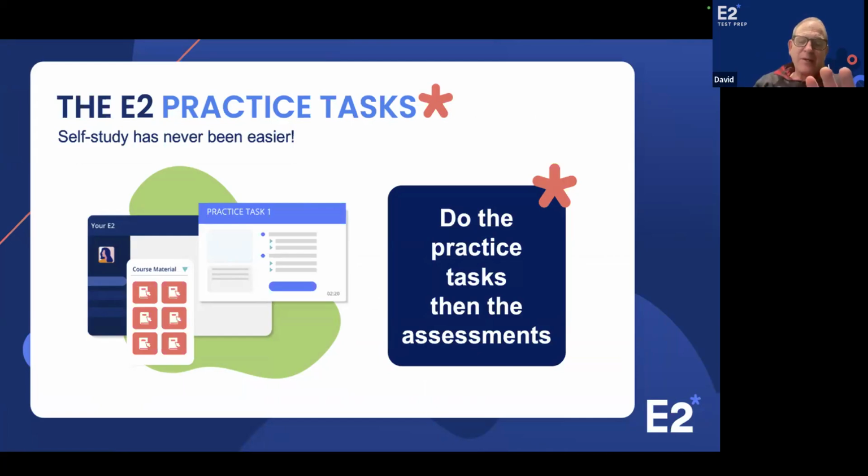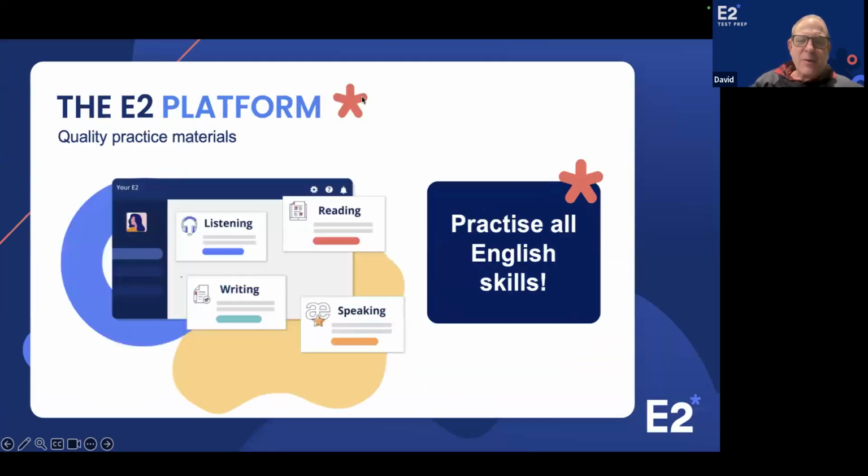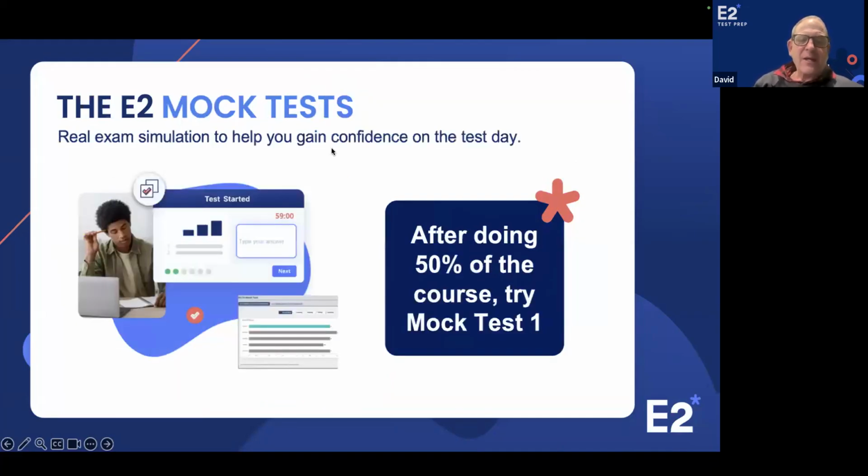Become familiar with the 5 tasks of PTE, and then get assessment, get feedback on your efforts, because you need to be corrected by someone who can hear you and give you logical feedback. Use the platform to develop all of your skills, and that includes all the skills attached to each of the tasks, which is speaking, writing, reading, and listening. And then do a mock test, as you'll need results back so that you can know what you can do and what you need to do for test day.